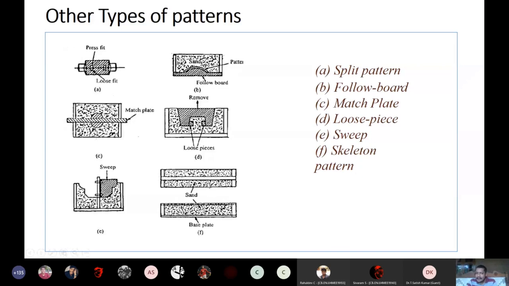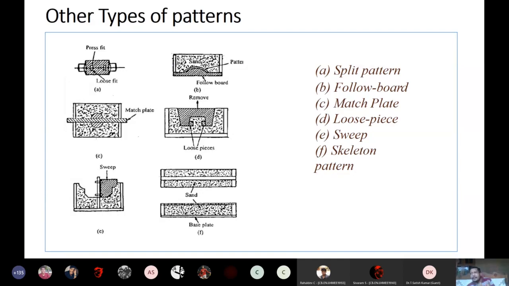And this is called a skeleton pattern. If the casted product is of larger size, making a pattern with the help of wood or metal is not feasible. So what you will do is keep a skeleton of that object, and over the skeleton you will fill loam sand.